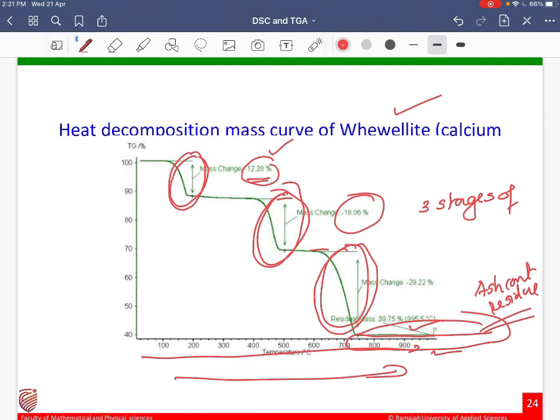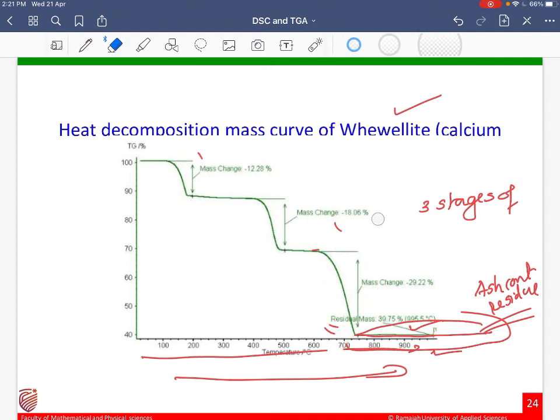So from this graph, we get information about at which temperature the material started degrading and how many stages of degradation are happening. We can also see the ash or residue content from this graph. Now, if somebody asks whether this transition happens at a single temperature: degradation starts from here and ends up to here, starts from here and ends up to here.